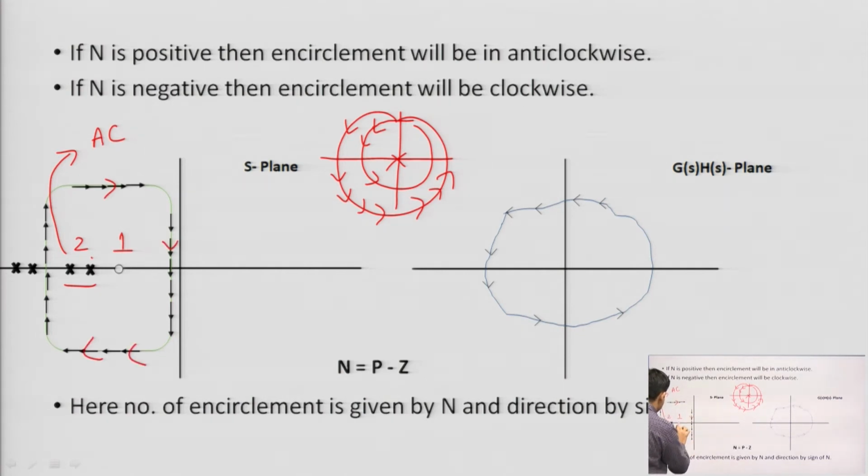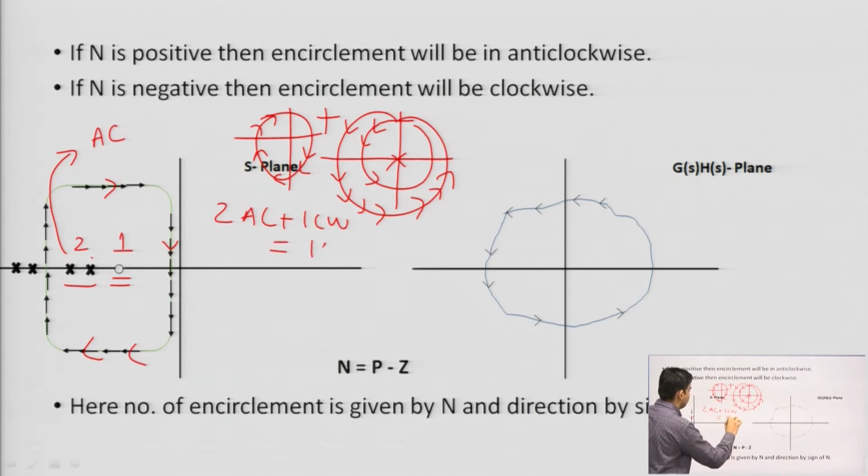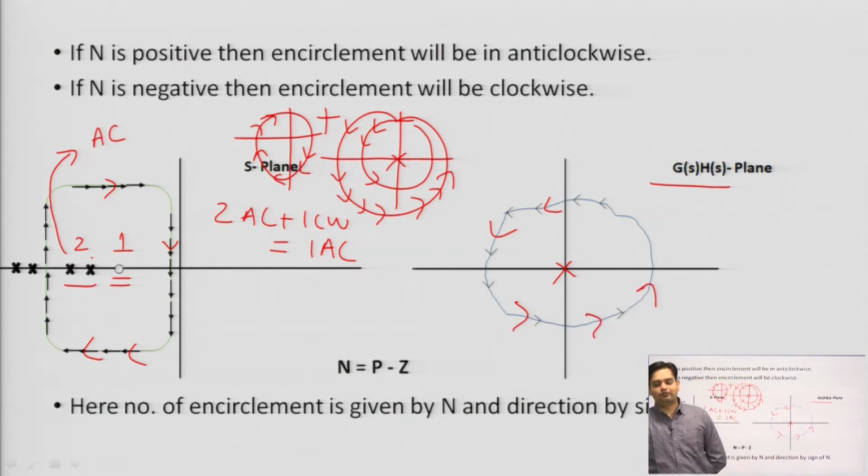Now, 1 0 is coming here, so the encirclement around the origin will take place in the clockwise direction. If I sum up this result, 2 anti-clockwise plus 1 clockwise encirclement gives you 1 anti-clockwise encirclement. That is why in the G(s)H(s) plane my origin will be encircled anti-clockwise only one time. So, this is the principle of argument.